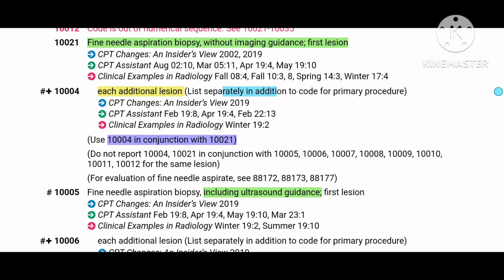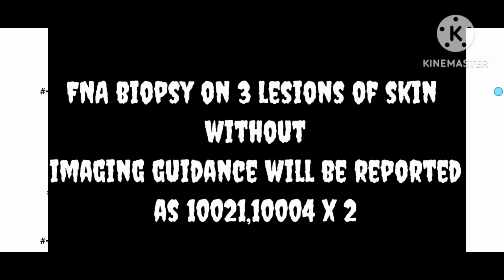The first set of code for fine needle aspiration biopsy is 10021 and 10004. These 2 codes are used for fine needle aspiration biopsy without imaging guidance. And for the first lesion, you can give 10021. For the second and any other additional lesions, you can give 10004.